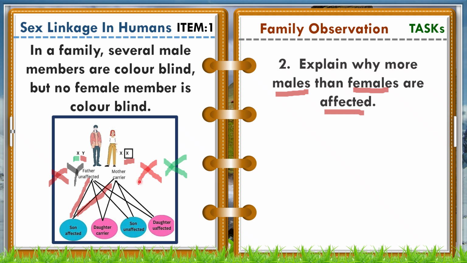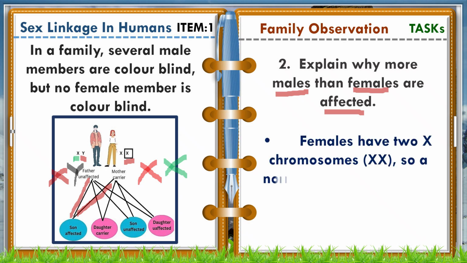Therefore, this color blindness trait will not express itself. The girl will be a carrier, but will not show the color blindness trait. Because the girls have another normal X, which can suppress the color blindness gene on the affected X, they cannot be affected by color blindness, but they will become carriers.